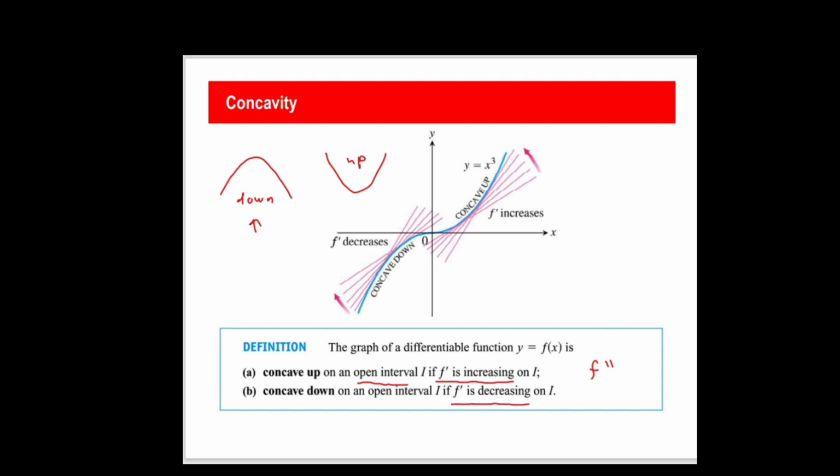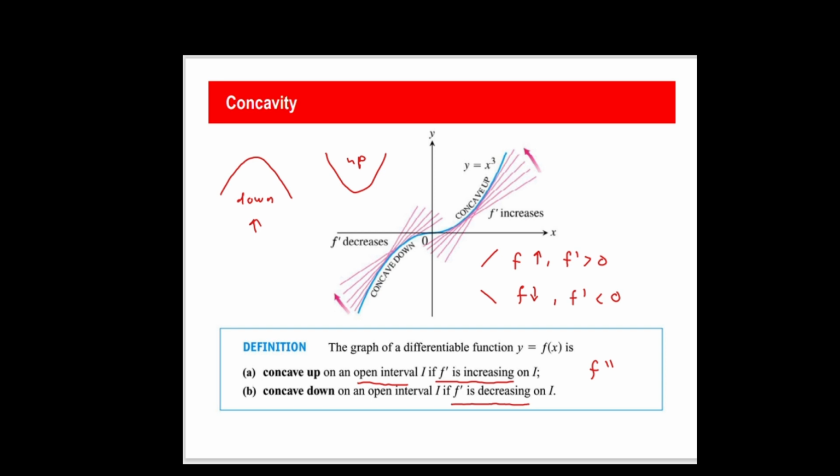Let us see the relationship from the first derivative test. In the first derivative test, f is increasing if f prime is positive, and f is decreasing if f prime is negative. This is the shape of the function in general. So here we have two new conditions.